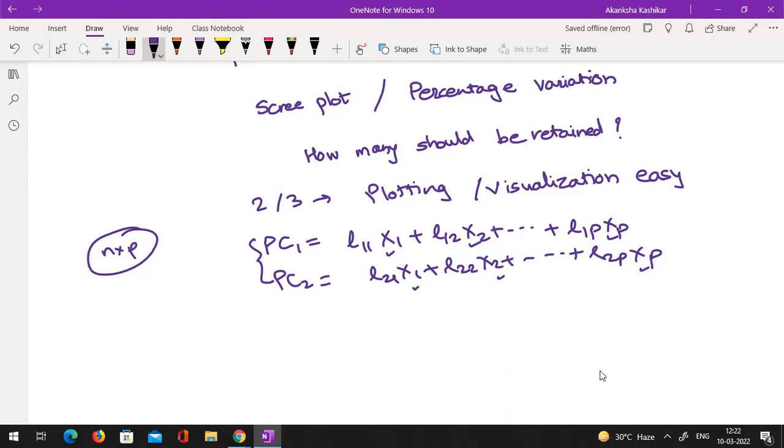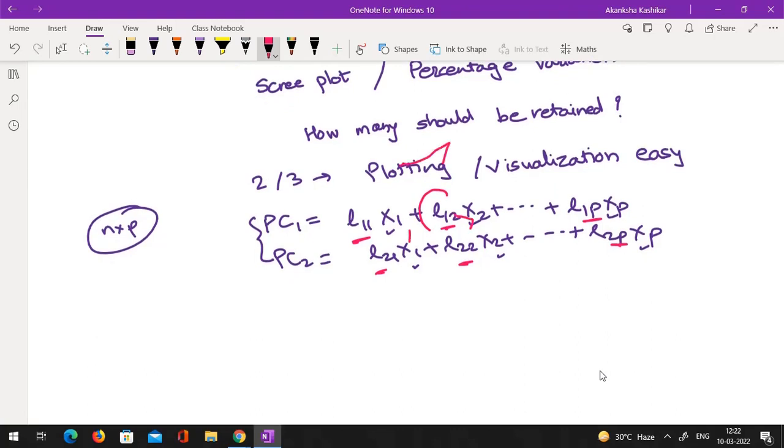So what do we do in such cases? We try to see these coefficients. Okay, and generally coefficients which are large in magnitude, they tell me that okay, for example, if in PC1 suppose magnitude wise this is the largest coefficient, okay, just an example, then that means that in PC1 role of second variable is quite large, okay, quite important.